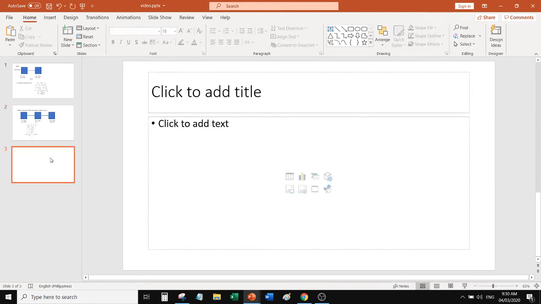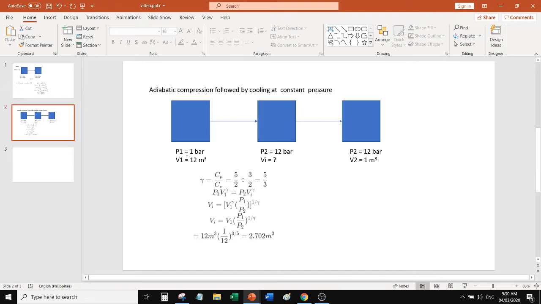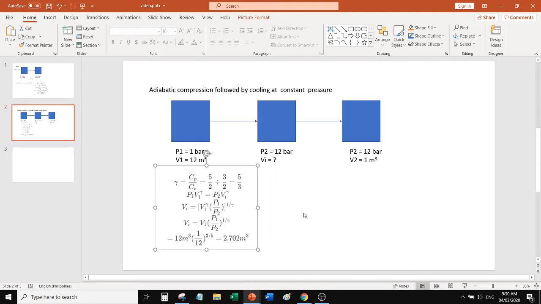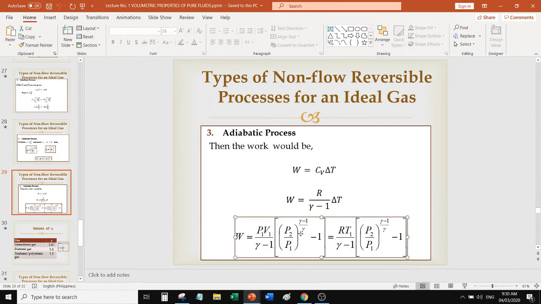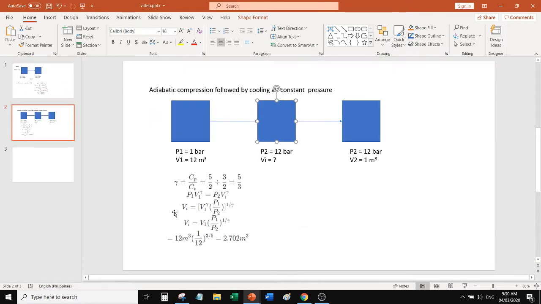Next, we must solve the work. Okay. So we must solve the work from step 1 to step 2. So we make use of this equation. We'll make use of this equation to solve the work. And as you can see here, we won't use Vi yet, okay?